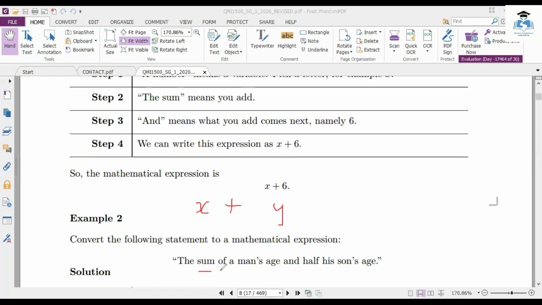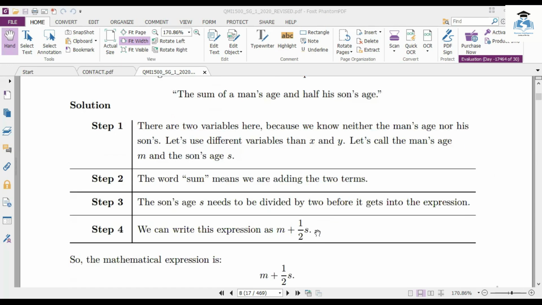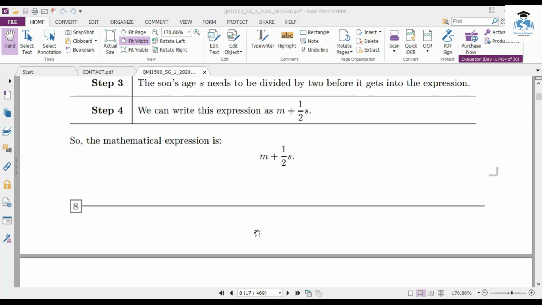But it says the sum of a man's age, so the man's age is represented by x, and half his son's age. So that's how you write the expression. Sometimes they love to give you these scenarios, but you need to deduce your formula from there. Here they use M and S.